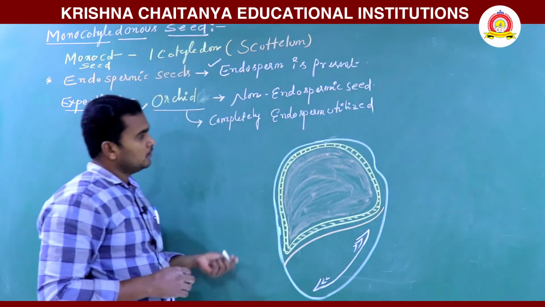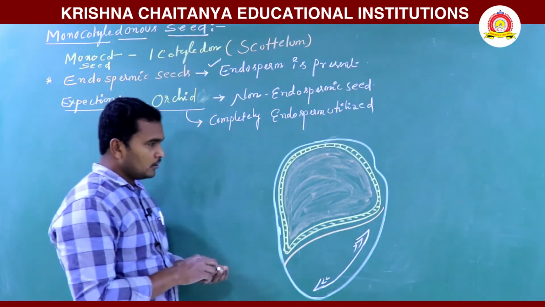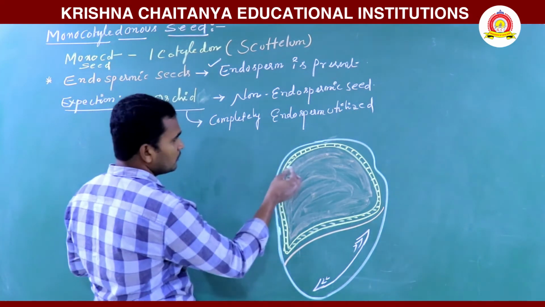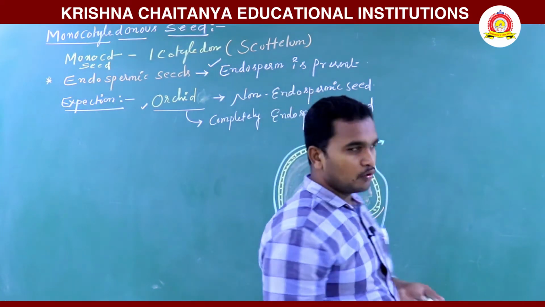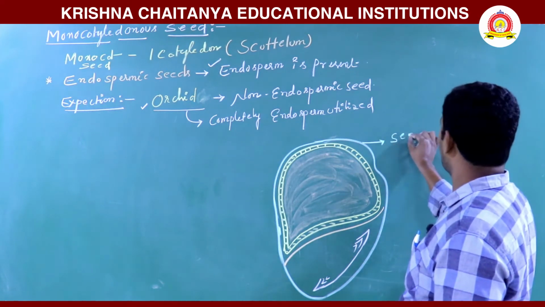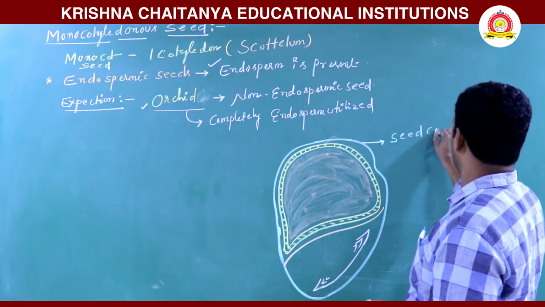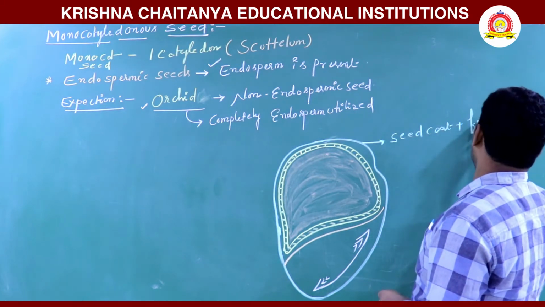See here, this is the monocotyledon seed. In the monocotyledon seed, the outermost layer is the seed coat plus the pericarp, the fruit wall.